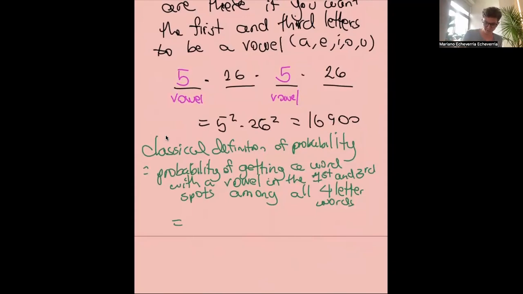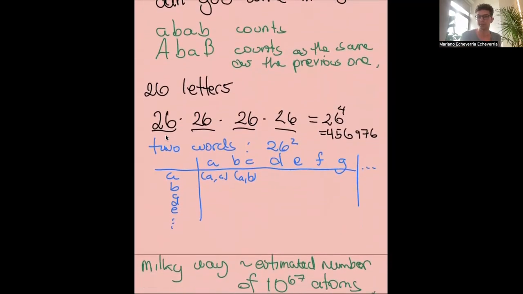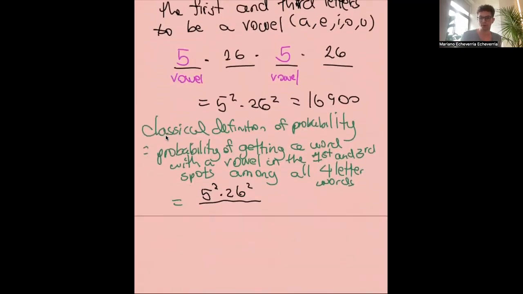The number of positive outcomes was 5 squared times 26 squared, and you divide by the number of total outcomes possible. The total number of outcomes possible was 26 to the 4.